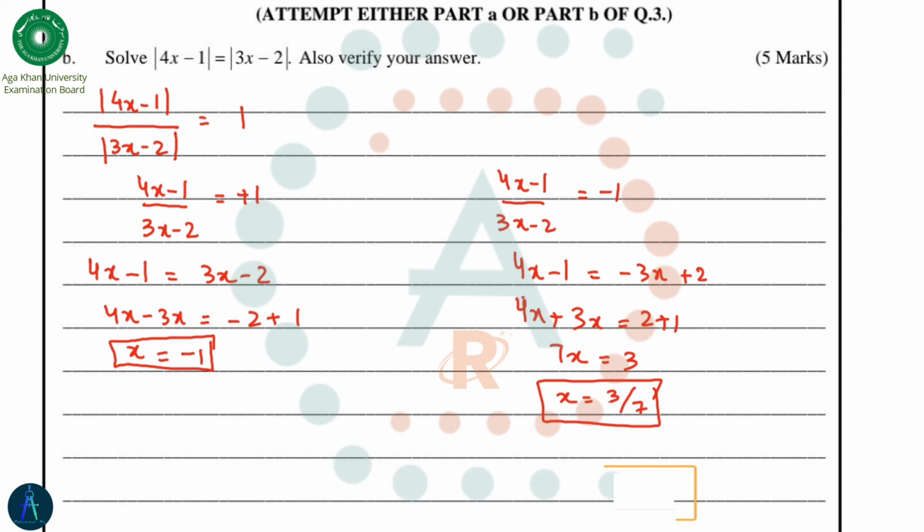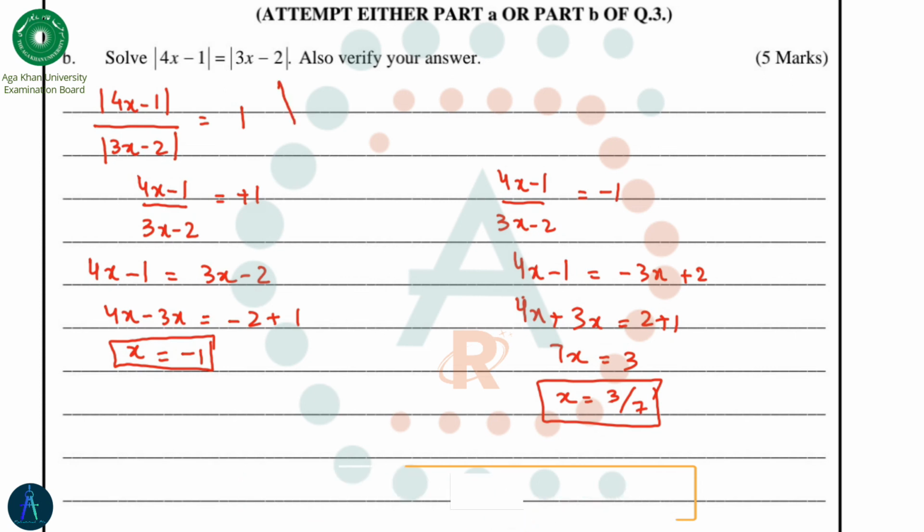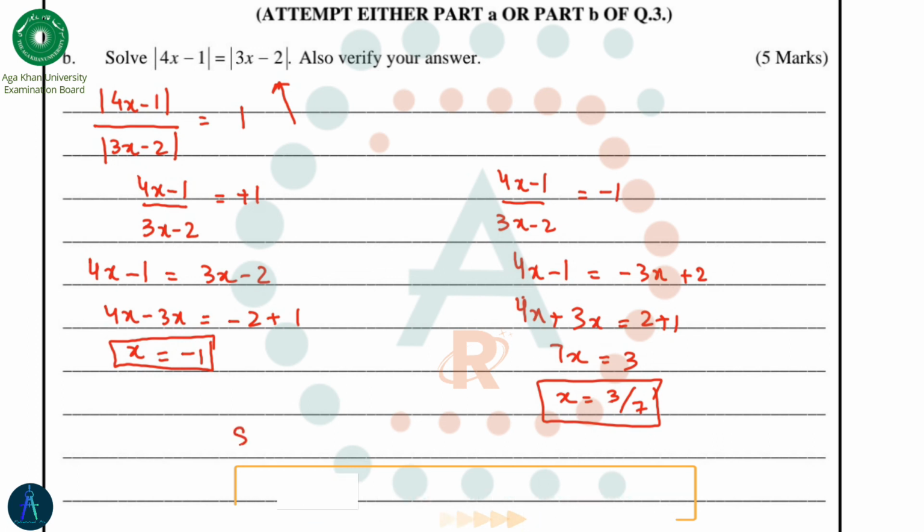For verification हम इन दोनों values को x equal minus 1, x equal 3 over 7 दोनों values को हम substitute कर देंगे in our question. तो जिस value से हमारा जो मॉड्यूलस इक्वेशन है सेटिस्फाई हो जाएगी, that will be the solution set.